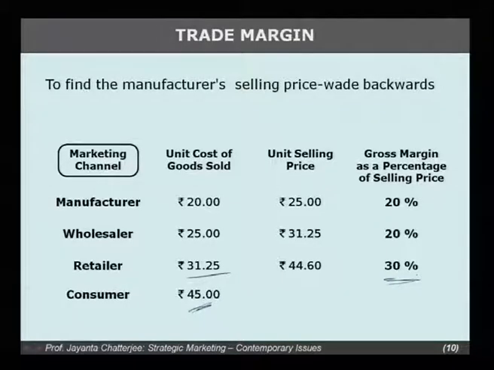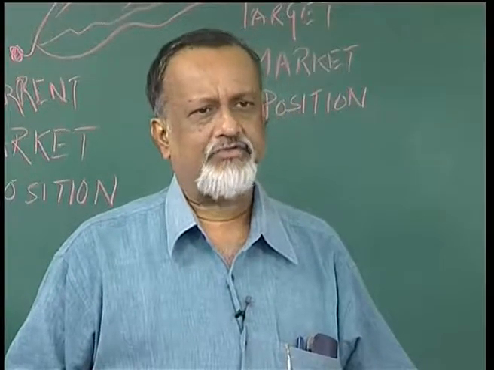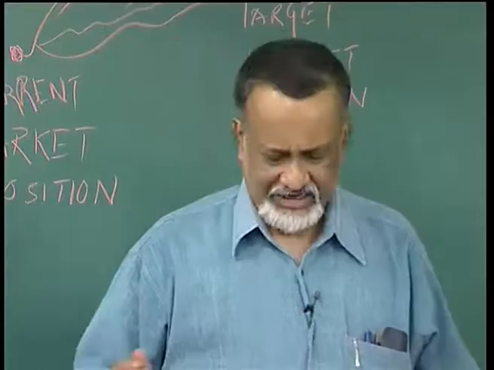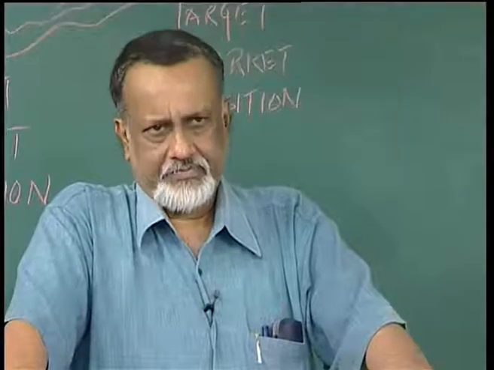Now, if the retailer has received it at 31.25, the wholesaler most probably would have got it at 25, which means the wholesaler is actually keeping a 20% margin. If the wholesaler got it at 25, then the manufacturer, perhaps the manufacturing cost, or what we often call the cost at the factory gate, might be 20.